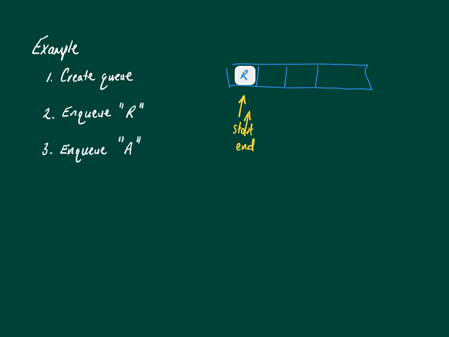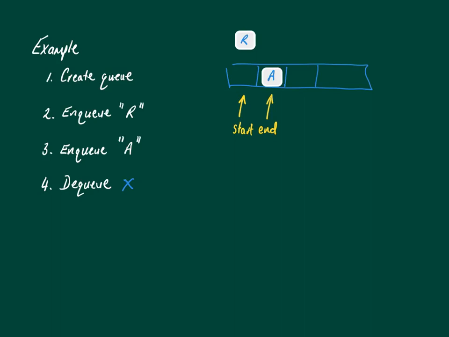If we then enqueue A, we call the procedure enqueue, which moves the end position by 1 and then adds the item A into the queue. And then if we decide to dequeue, the item at the front of the queue is placed into an output variable.